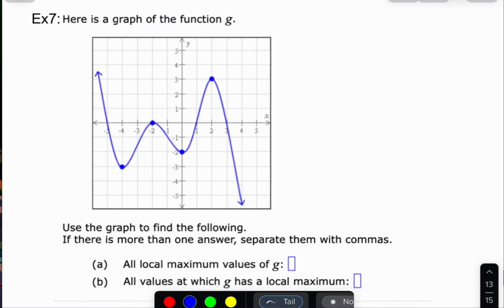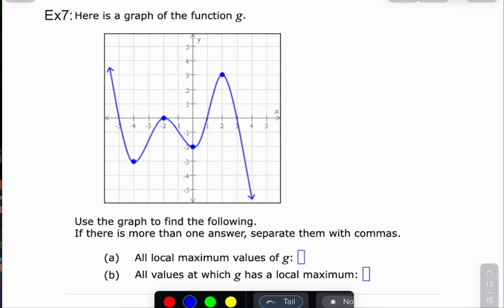One more to look at, example 7. It says, here's the graph of function g. Find all the local maximums and all values at which g has a local maximum. Okay. So I'm not exactly sure of the difference between what they're saying here.